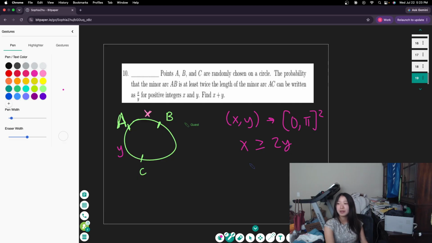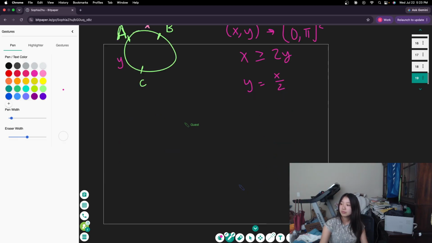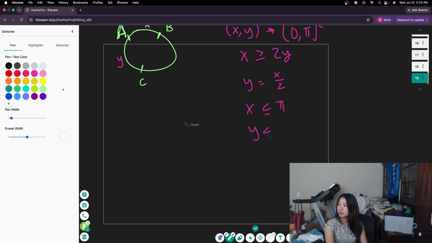So this is just an area problem now. So this looks something like y equals x over 2, and we know that x is less than or equal to pi. So then we can say that y is less than or equal to pi over 2.